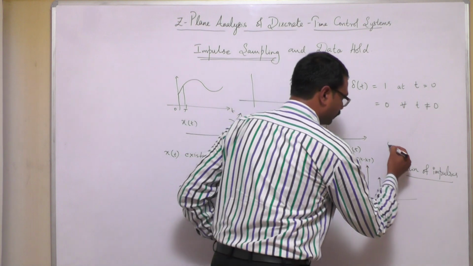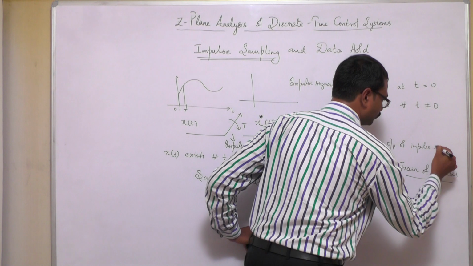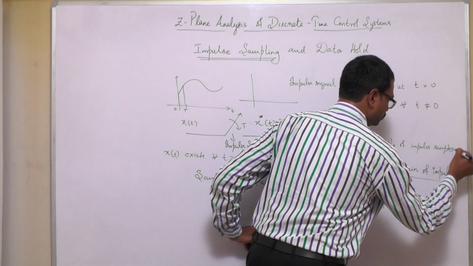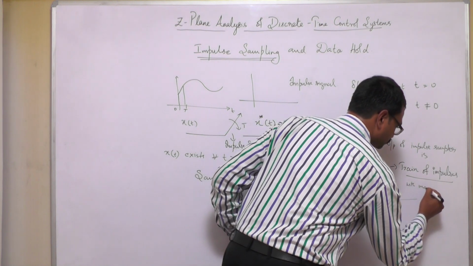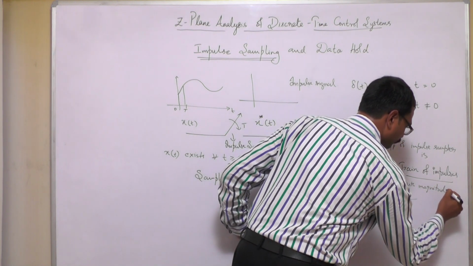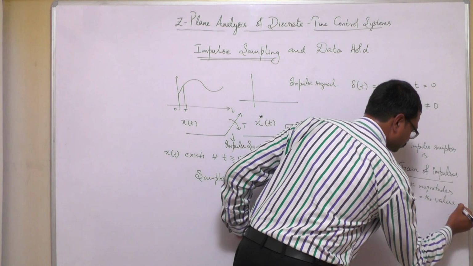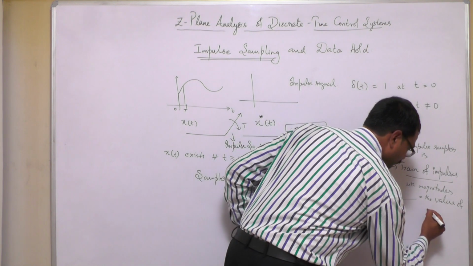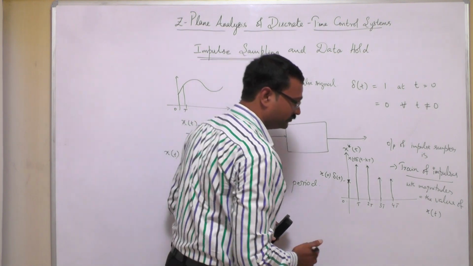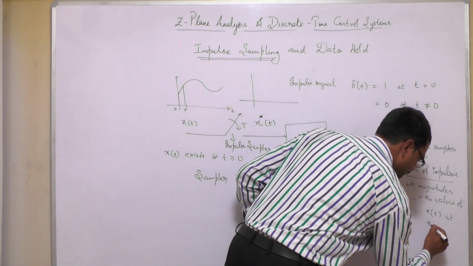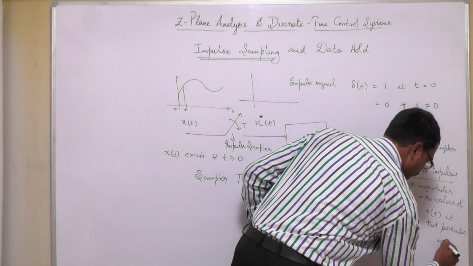The output of the impulse sampler is a train of impulses with magnitude equal to the value of the continuous time signal x of t at that particular instant.